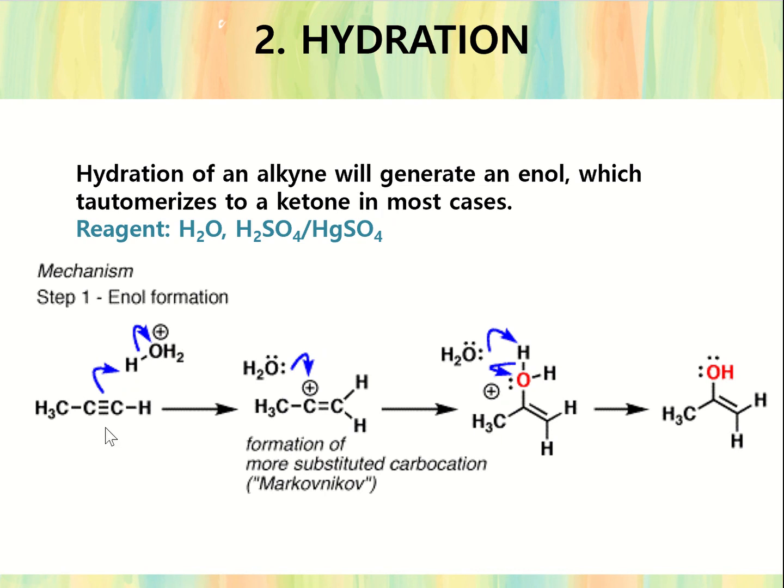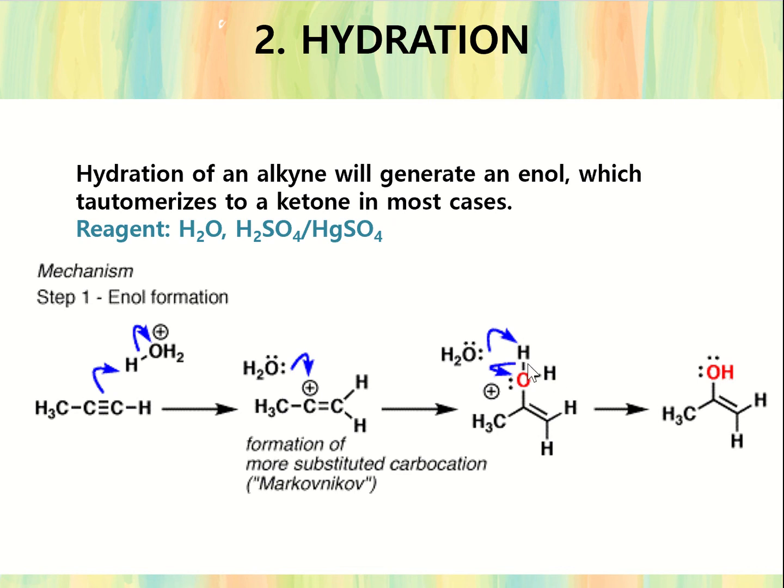Because it's acidic, our vinyl carbocation would have been generated here with the hydrogen added to one of the carbons. And clearly it is a secondary vinyl carbocation that is formed, and because we have water in the system, it will attack our positive vinyl carbocation, and so we end up with this intermediate species.